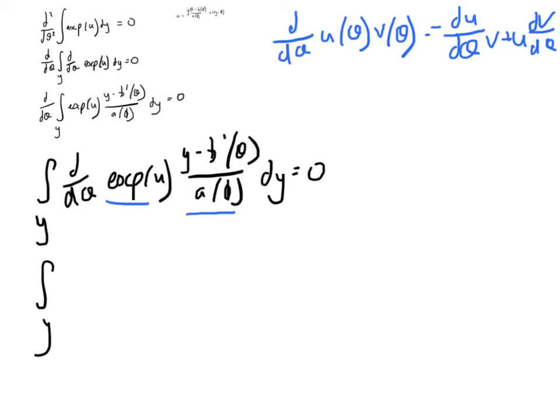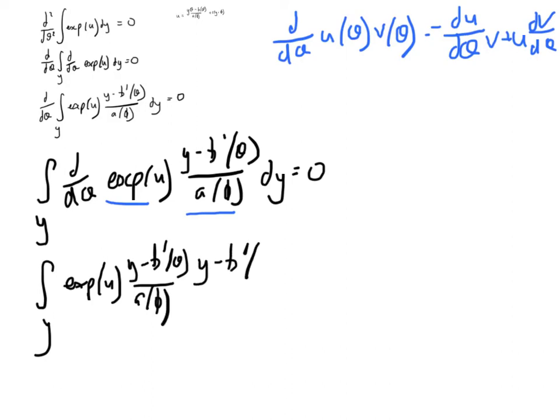So I need to find the differential of u. Well, we've done this before a few times. I'm looking at exp of u multiplied by the differential of u, and I then need to multiply this by v, and then we need to find u and multiply that by the differential of v.